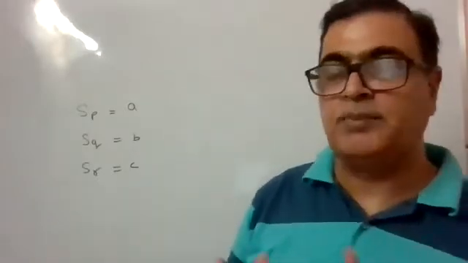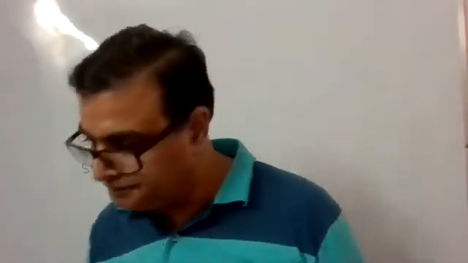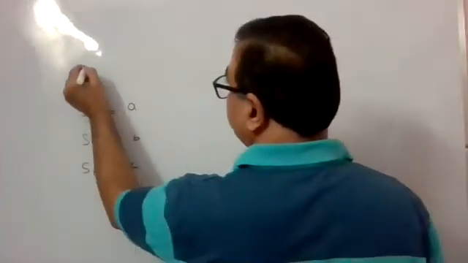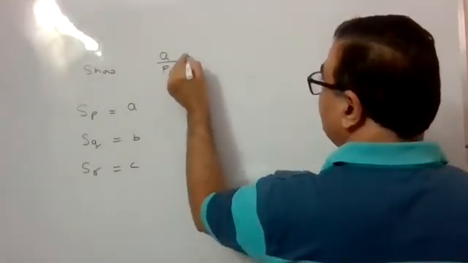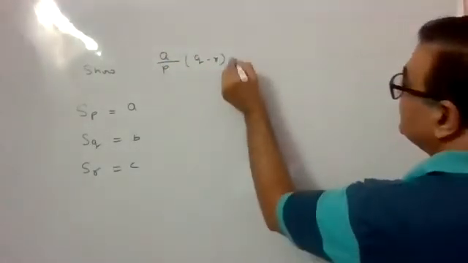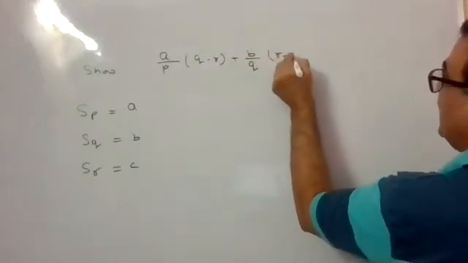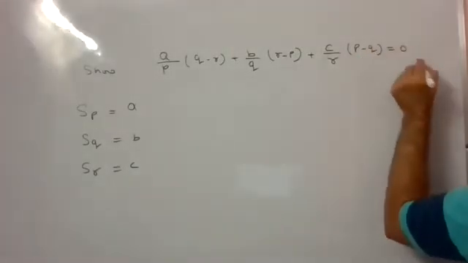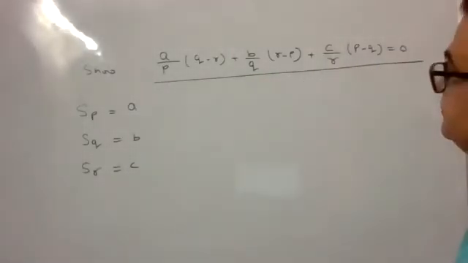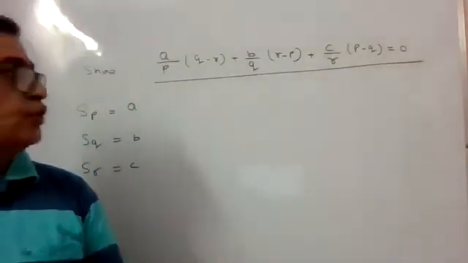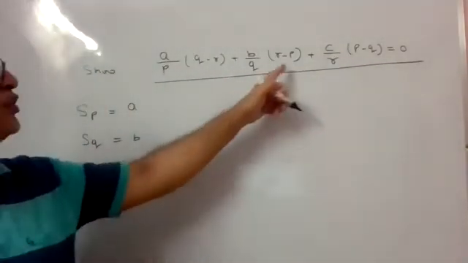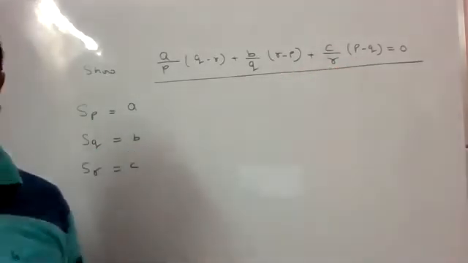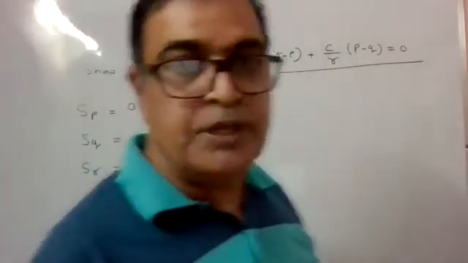The question is to show that a by p into (q minus r) plus b by q into (r minus p) plus c by r into (p minus q) comes out to be 0. We have to prove this in the question.